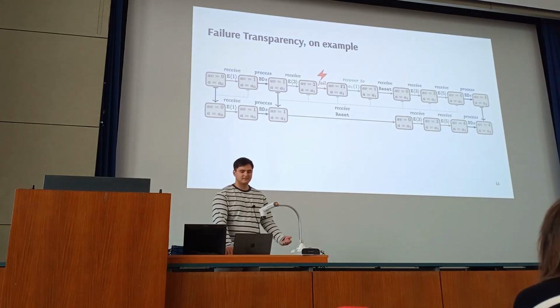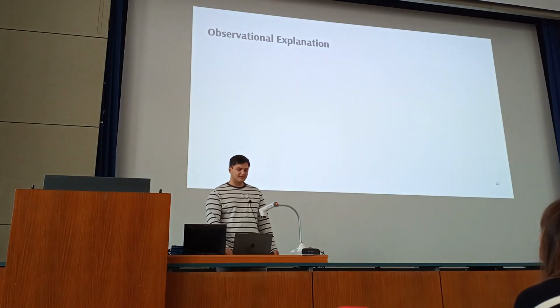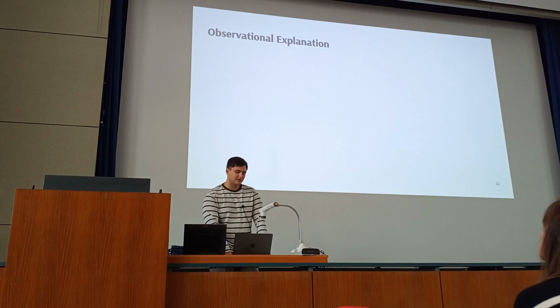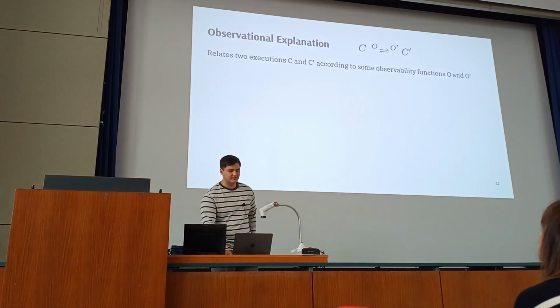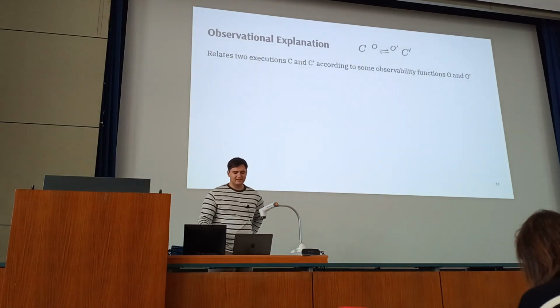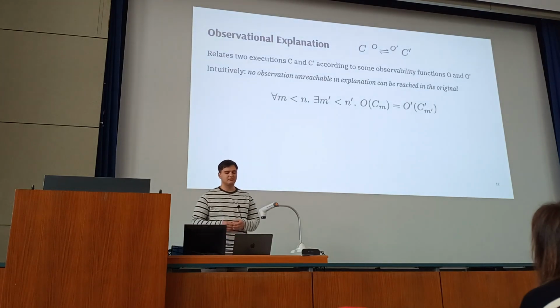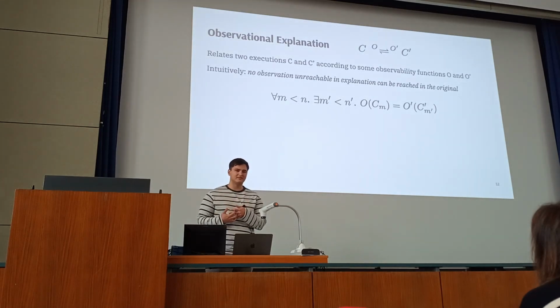And now let's actually define failure transparency. So, observational explanation is a property which relates to executions, C and C prime, corresponding according to the observability functions O and O prime. It looks like this, but intuitively it just means that no observation unreachable in the explanation execution can be reached in the original execution.